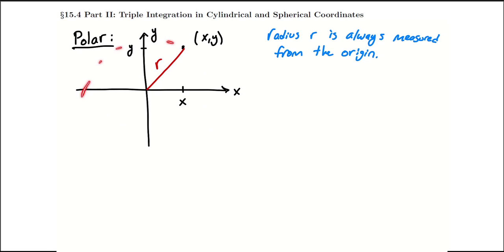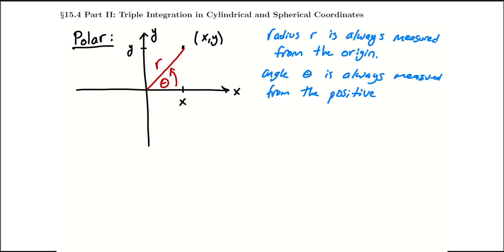So to solidify which one of these points we're talking about, we also need to know what the angle theta is. So there's another thing here. And this would be the angle theta. Theta, the angle theta, is always measured from the positive x-axis, or whatever the horizontal axis is, really.